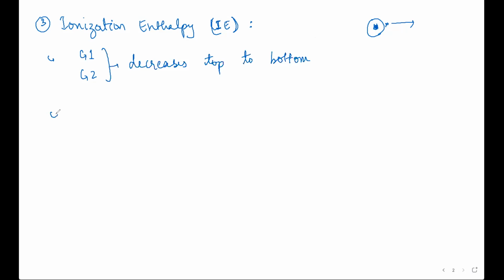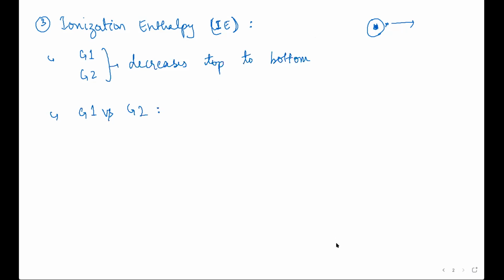Then compare group 1 with group 2. What can you say about the ionization enthalpy values? For group 1, there's only one electron to lose.